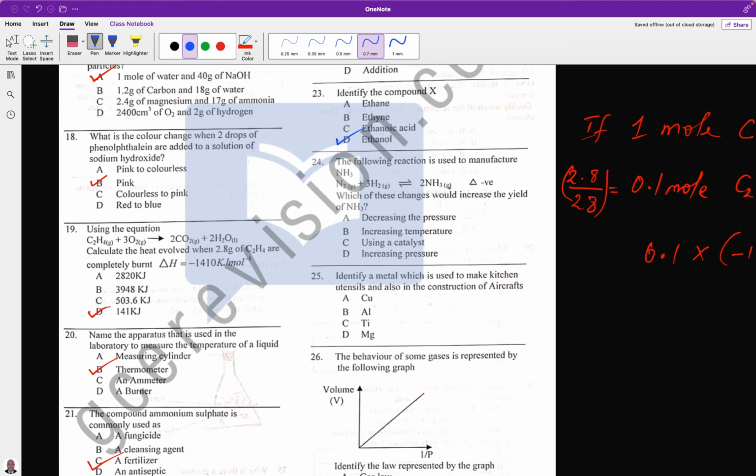It's not by decreasing pressure, no. It's not by increasing temperature, no. It's not by using a catalyst, no. It is by increasing pressure, because when we increase pressure, equilibrium shifts to the right, and more ammonia is produced. In that case, our answer for question number 24 is D.